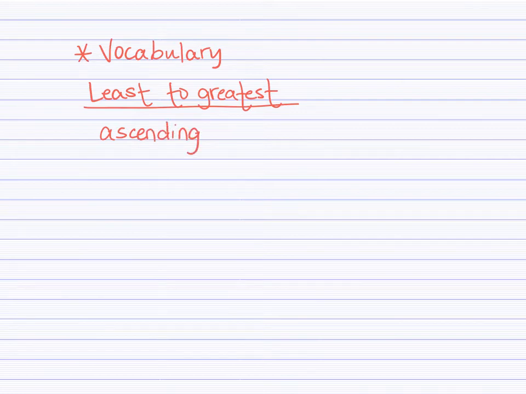Ascending means to go from least to greatest, like an airplane ascending into the sky. Other things: if the word problem is about the fastest time, that's also indicating least to greatest, or the slowest speeds. Again, that is least to greatest.